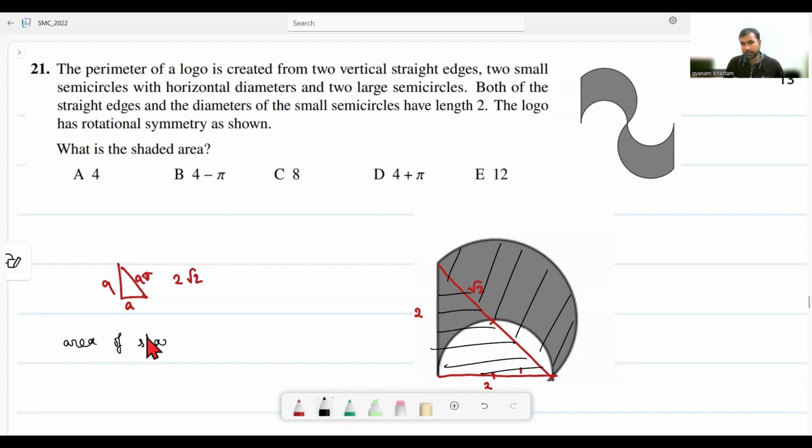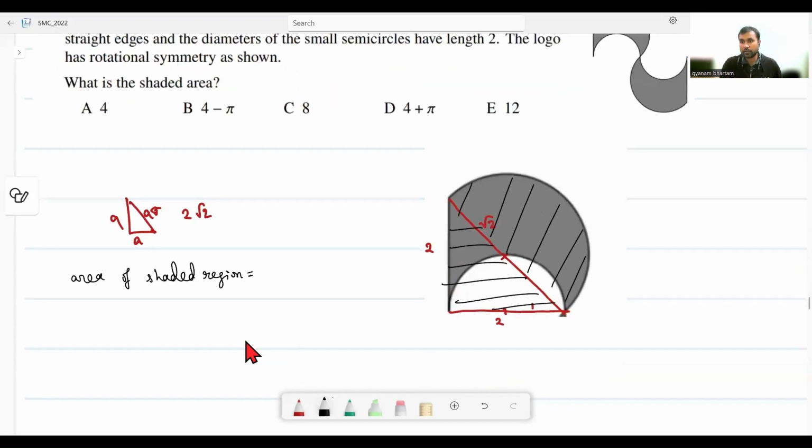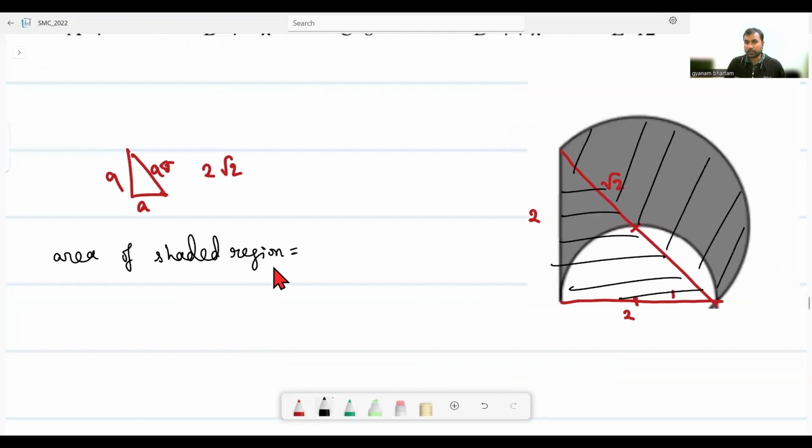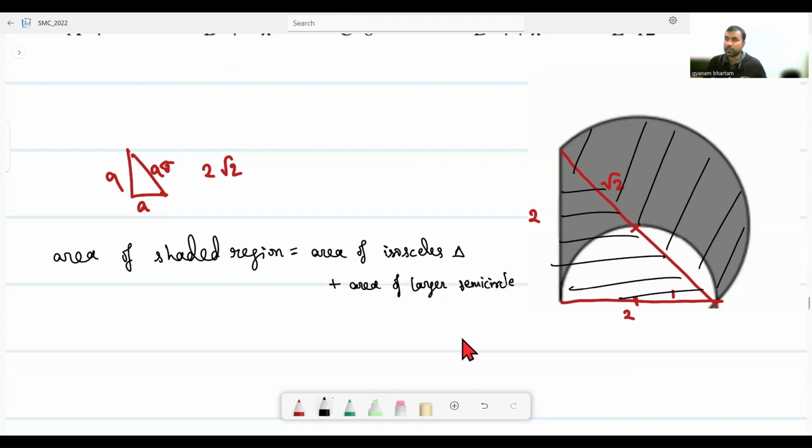The area of the shaded region is going to be the area of the isosceles triangle plus the area of the larger semicircle, sorry, semicircle, I was thinking it's a quadrant, minus the area of the smaller semicircle.